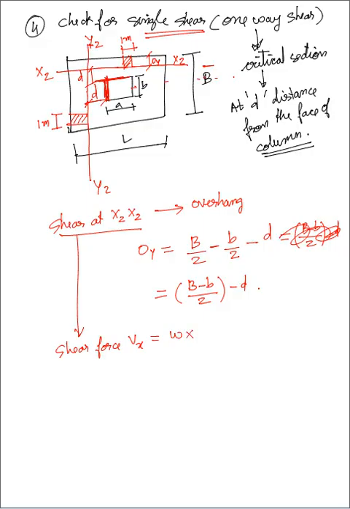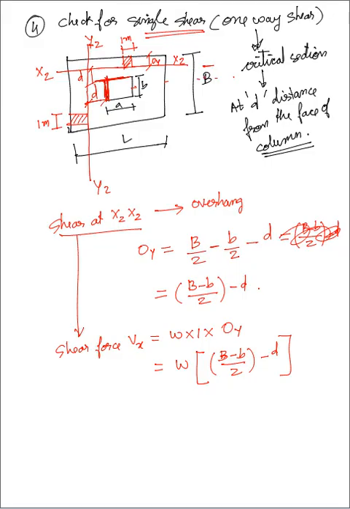The width is 1 and the length is OY, multiplied by OY. What is OY? So w into, let me write, capital B by 2 minus b by 2 minus d. So this is your shear force Vx.